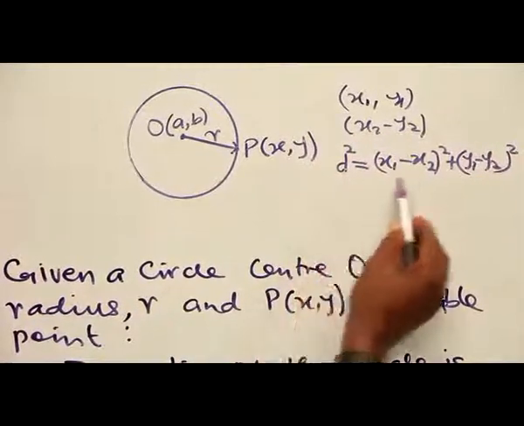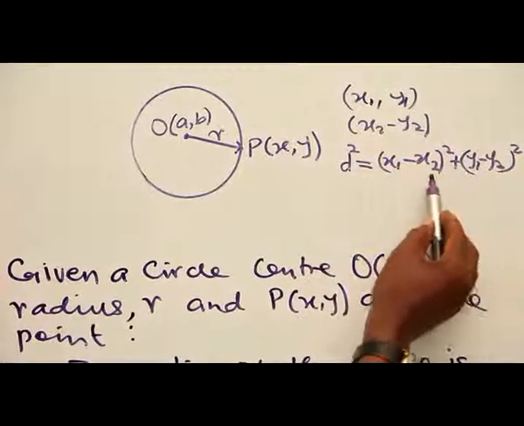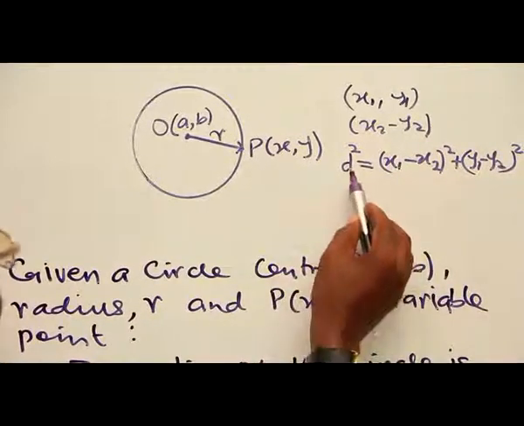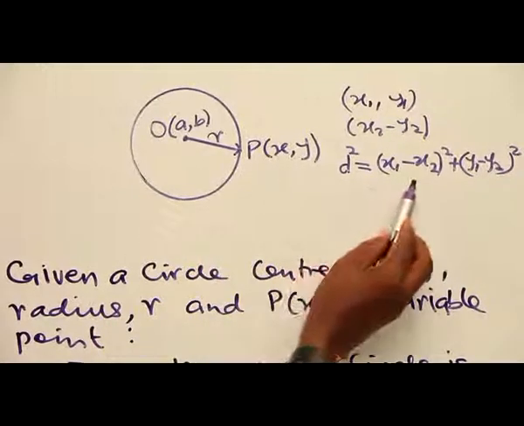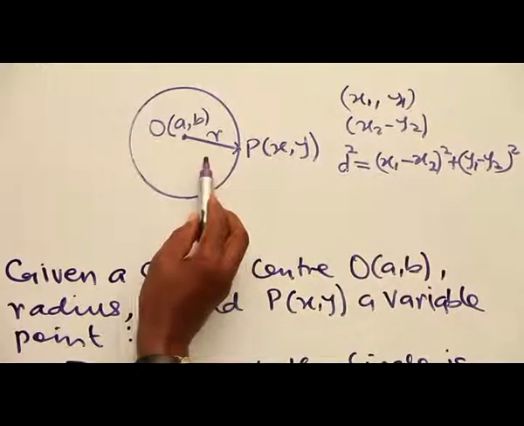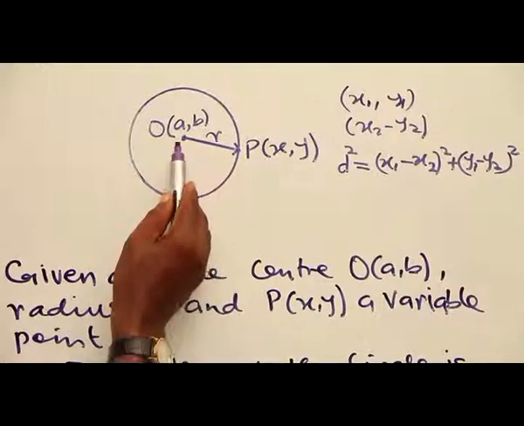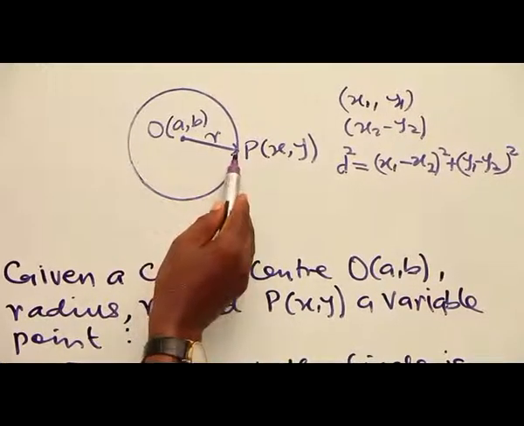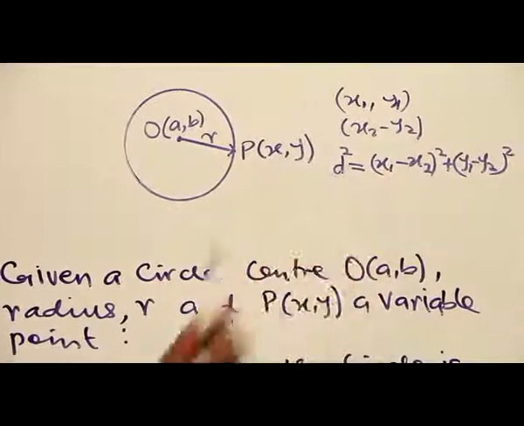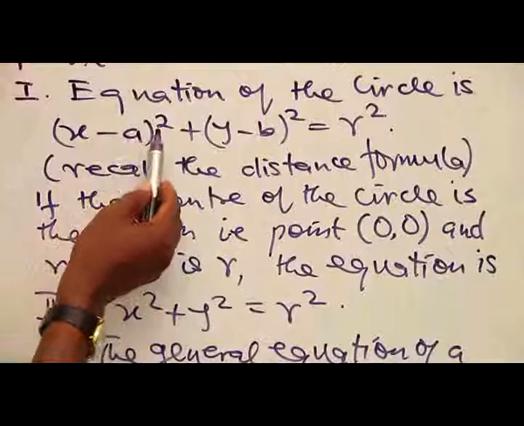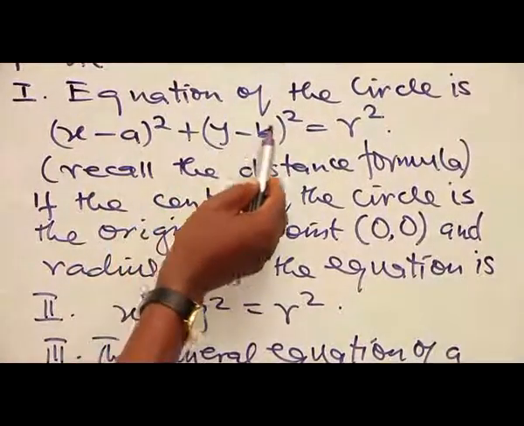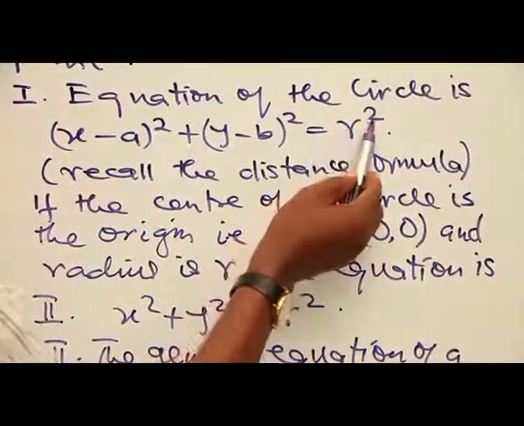This was the distance formula we discussed earlier under coordinate geometry. So that same thing is what we have recalled in this case. To find the distance from the point O to point P, we apply the same rule. And that is why we have S minus A squared plus Y minus B squared equal to R squared.